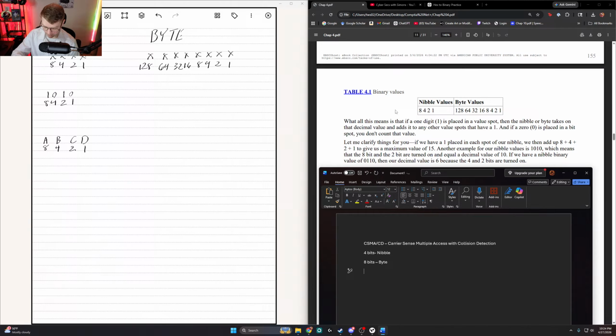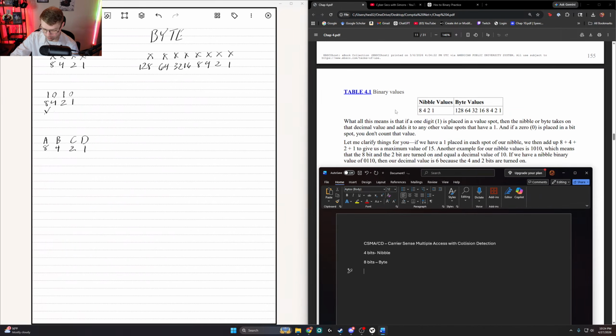So what he's talking about is when we're converting a binary nibble into a value, if we want to turn on the value so that we're going to add it, we would utilize a 1. If we want to turn off the value so we won't add it, we utilize a 0. So with the example of 1010, we have turned on the value of 8.